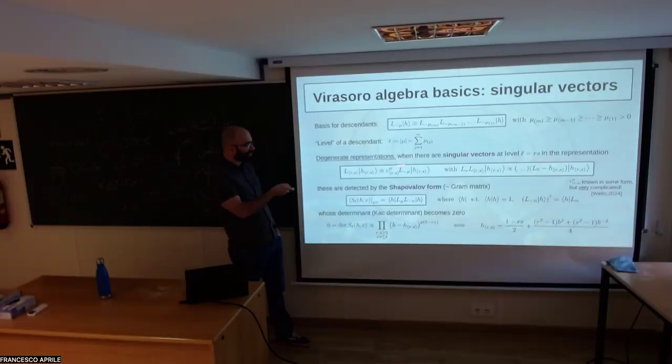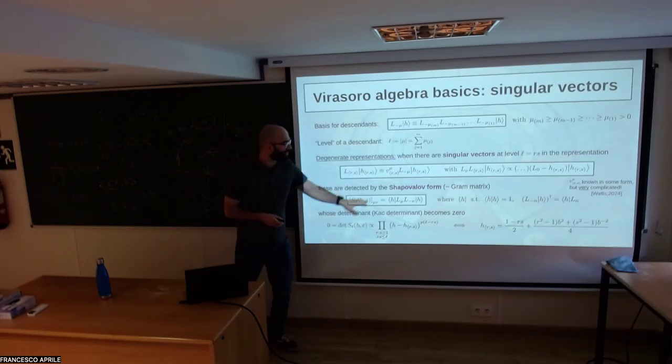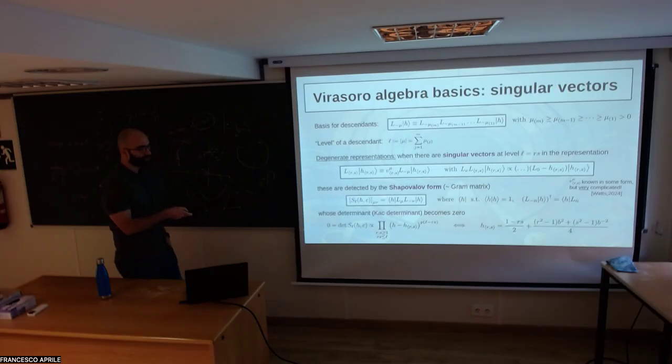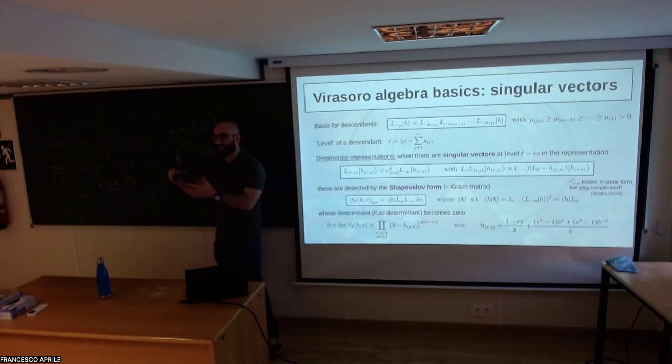You can detect the presence of these states by studying what is known as the Shapovalov form, which is another fancier way to say a Gram matrix, so a matrix of scalar products of your states. And whenever its determinant is 0, you basically measure that you have a certain degenerate representation.